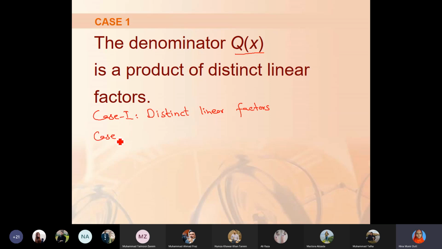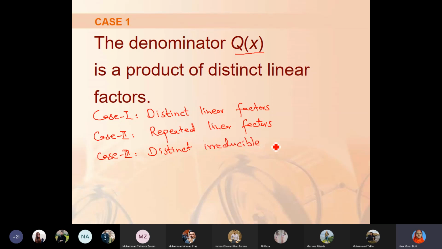Case 2 is repeated linear factors. Case 3 is distinct irreducible quadratic factors.